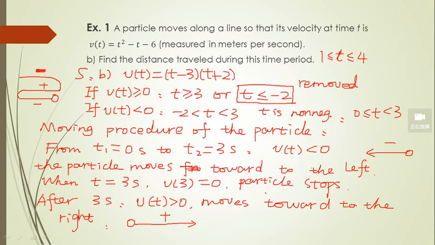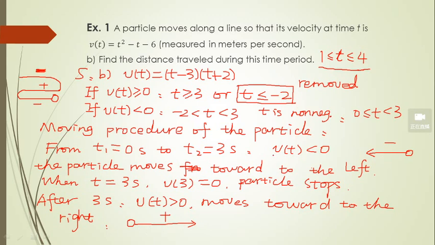Then what is the question they ask? We care about 1 to 4 seconds. So that means from 1 to 3 seconds, that is moving to the left. And from 3 to 4 seconds, that is moving to the positive, the right direction. Make sense?